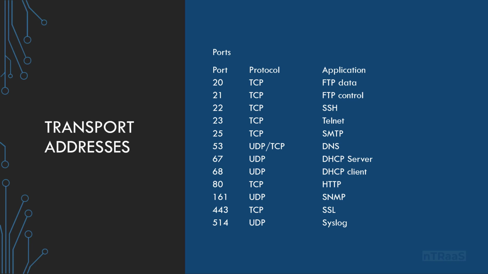DNS, or the Domain Name Service, on UDP and TCP port 53. We have the DHCP server and DHCP client on UDP 67 and 68. We have HTTP on TCP port 80. Keep in mind, HTTPS is on TCP 443. SNMP on UDP 161. And syslog on UDP 514.